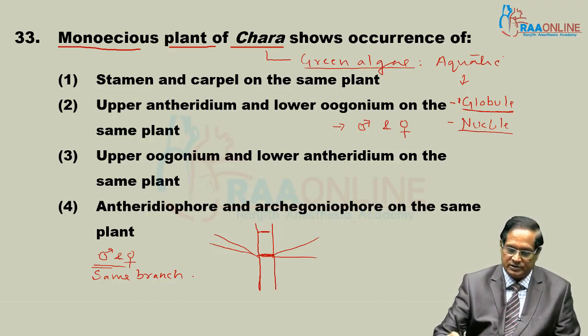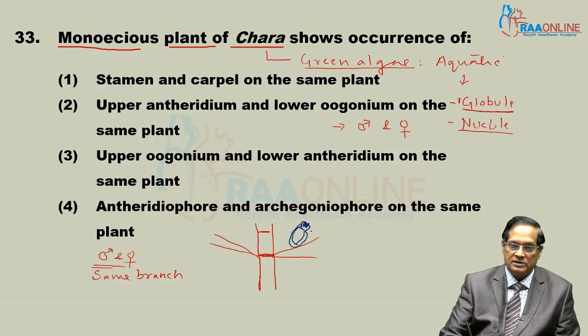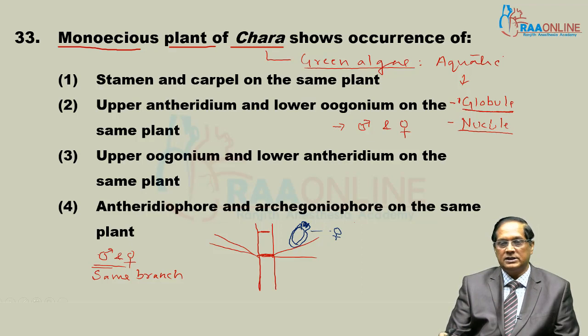See the structures. The slightly upper side is occupied by the nucule. That is the female reproductive structure of Chara, termed as nucule or oogonium.